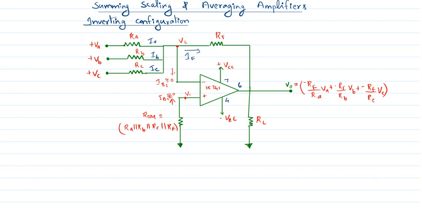After applying Kirchhoff's law, we can say that IA plus IB plus IC will be equal to IB plus IF, where IB is the bias current, IB1 and IB2 into the inverting and non-inverting terminals, and IF is the current through the feedback resistance from the output voltage.